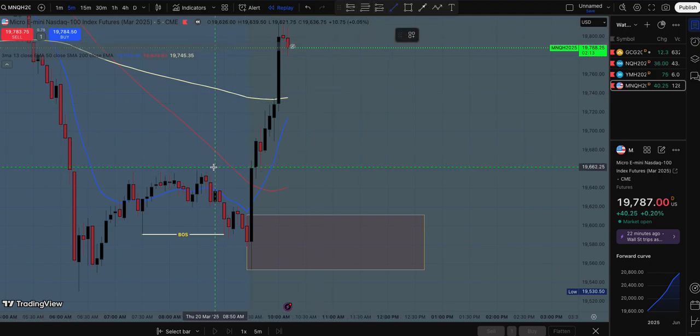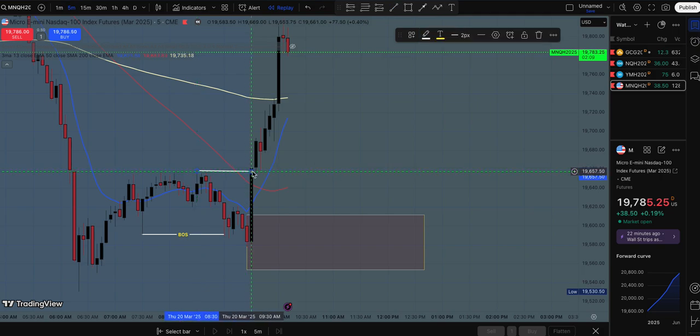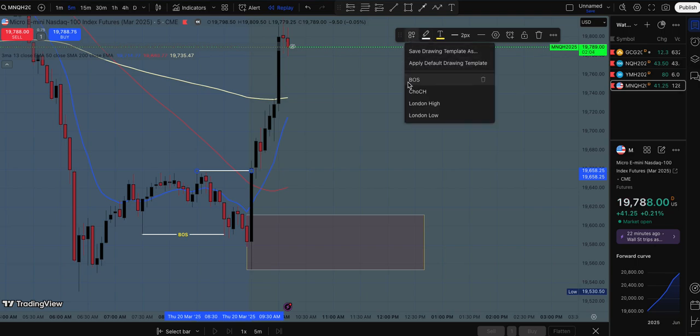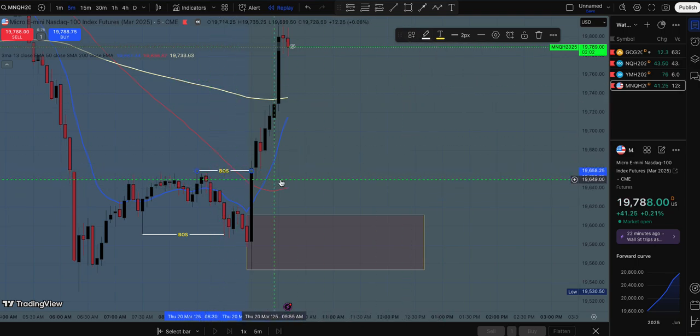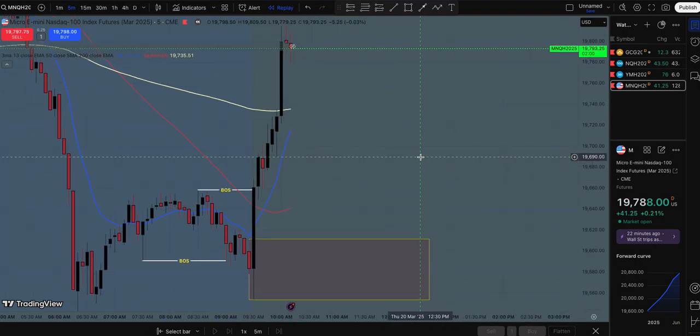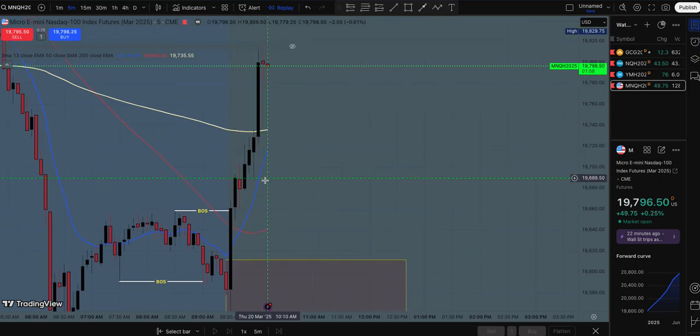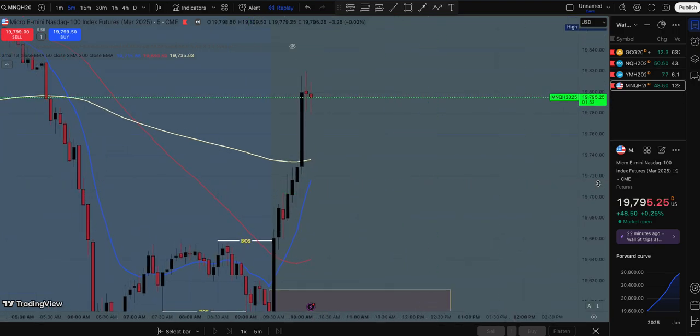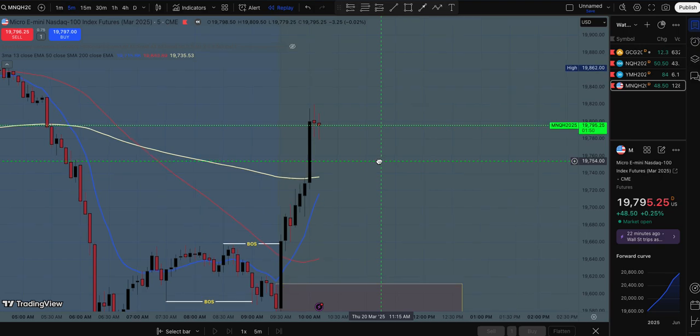We would break structure from the highest point in the region here to right here. It would have fallen below the 200, and would have to fall below the 50 and the 13 as well. So that's part of the reason why it would be risky.